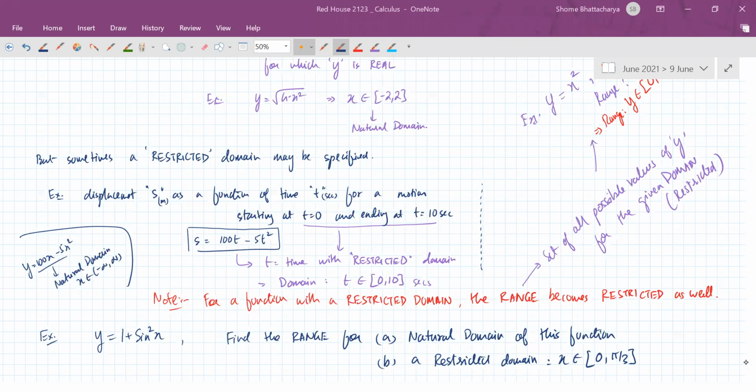Yeah. So for the natural domain, sin x is defined for all values of x, so the natural domain is all real numbers. There's no problem with that. The question is, what is the range when the domain is natural, or what is the range when the domain is 0 to pi by 3?